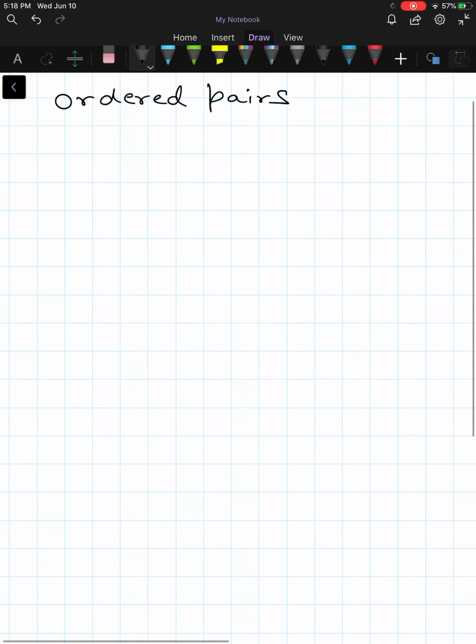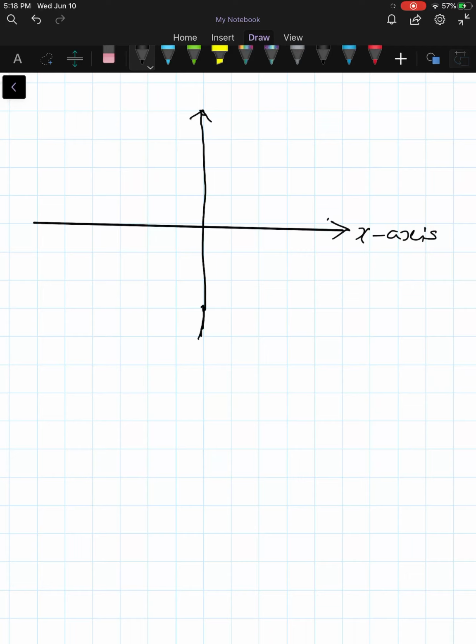So to establish the coordinate plane, we will draw two lines perpendicular to each other, where the horizontal line is the x-axis and the vertical line is the y-axis.